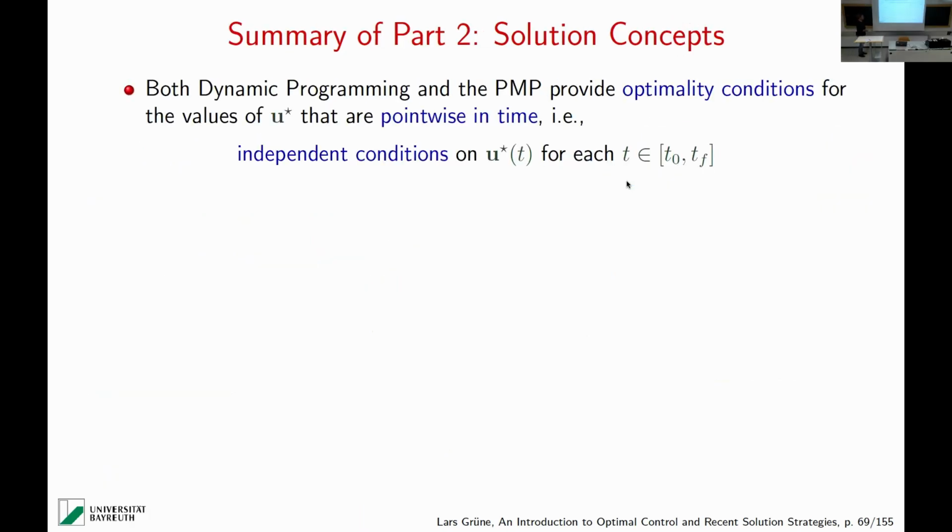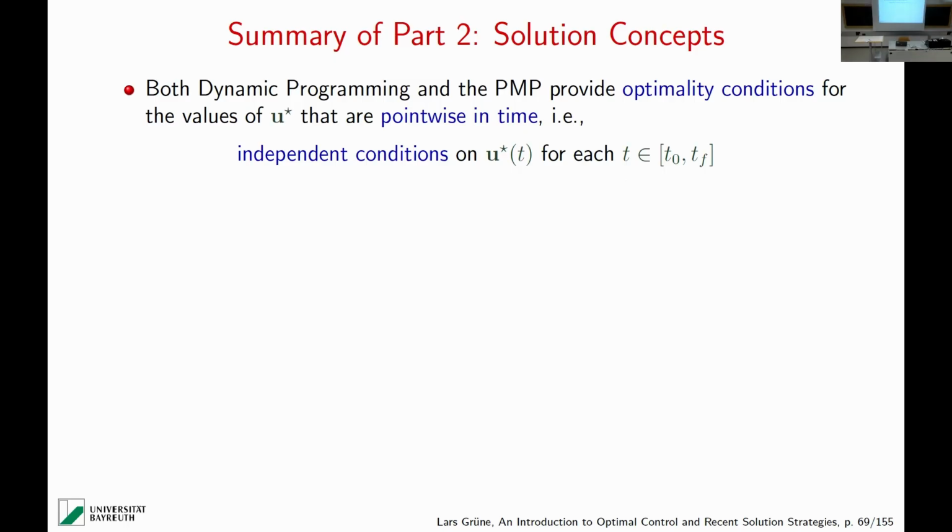Okay, yeah, let me summarize and let me bring up a point which maybe yesterday was not as emphasized. I tried to, but let me emphasize it again. All of the solution concepts that we had, the dynamic programming and the Pontryagin minimum principle, and also the Euler-Lagrange as the intermediate step, had optimality conditions for the values of the optimal control U star that are pointwise in time. So what we had were really independent conditions on U star of t for each t, conditions that you can actually evaluate independently.